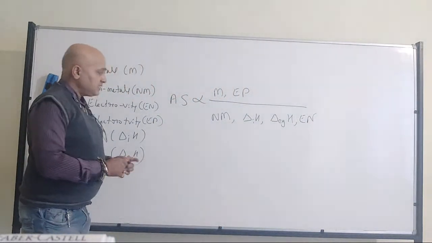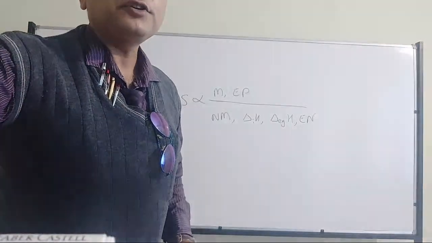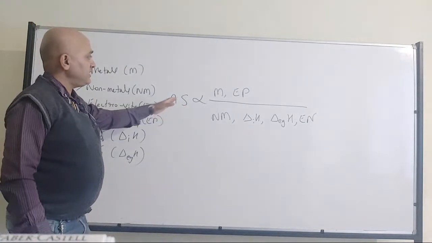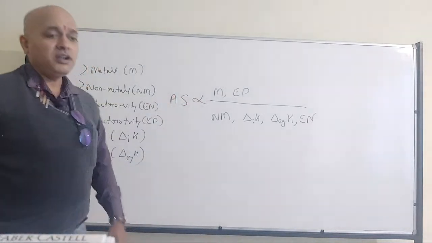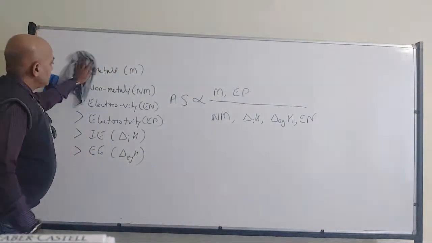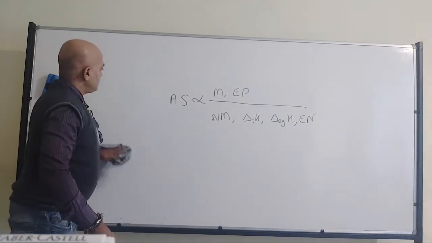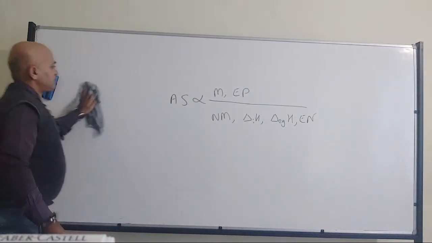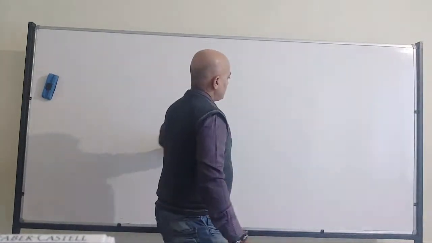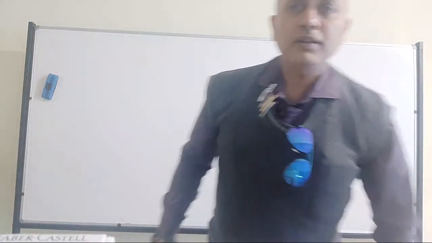So this is the relation of these characters with respect to atomic size. Fine? Okay? So if you remember this final equation, then it is done. You can explain anything in the periodic table. Okay? Fine. So this is the overall picture.